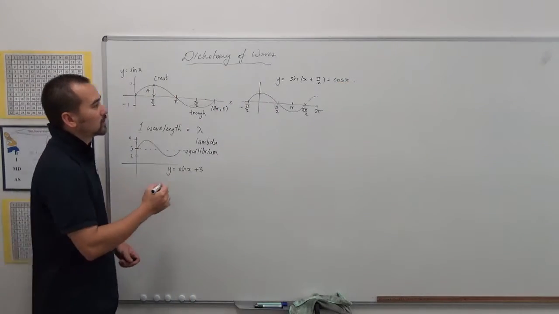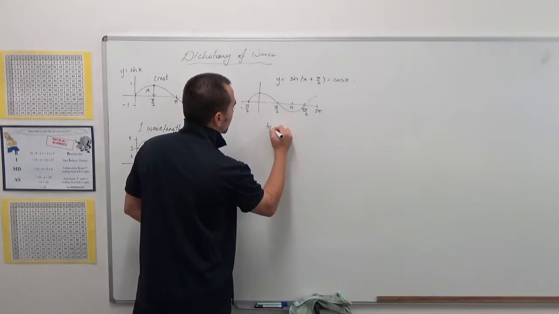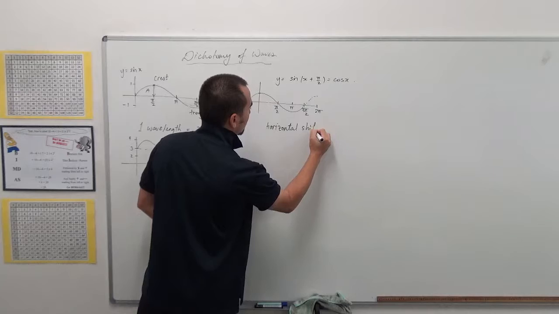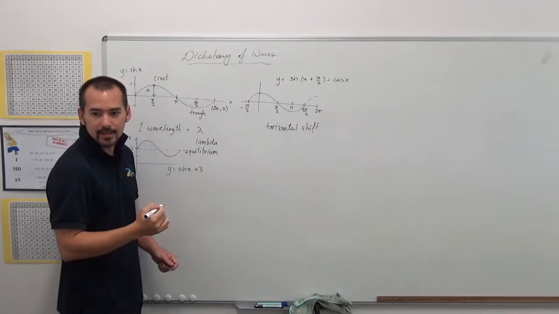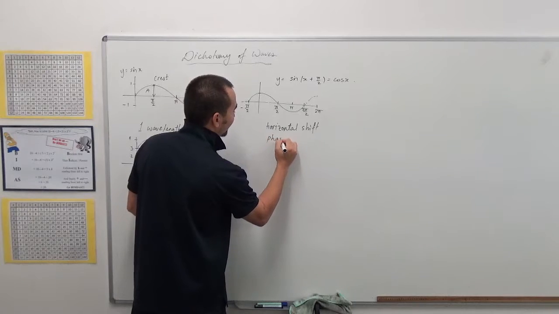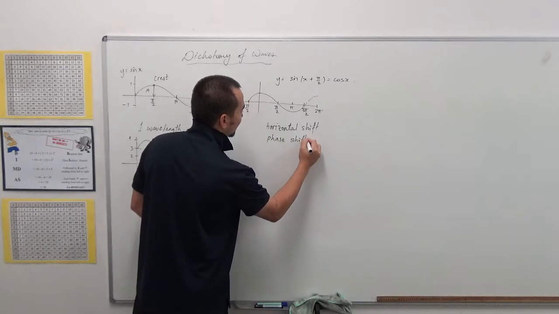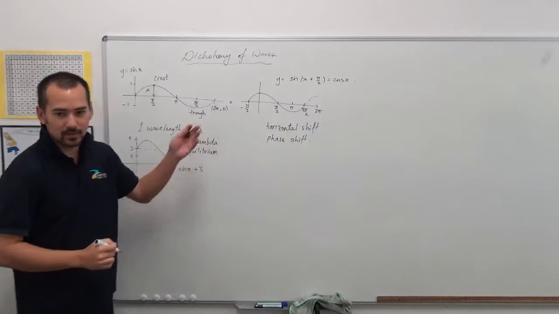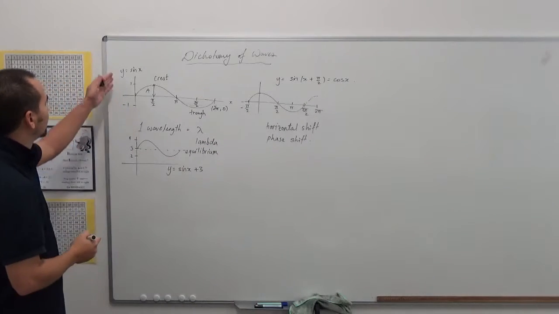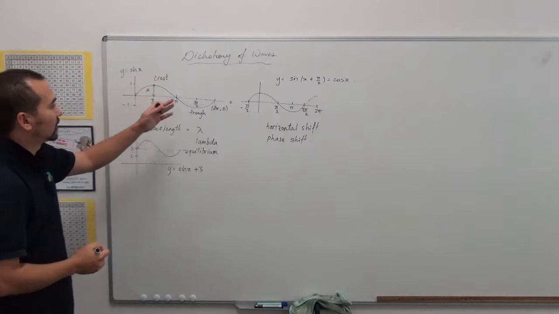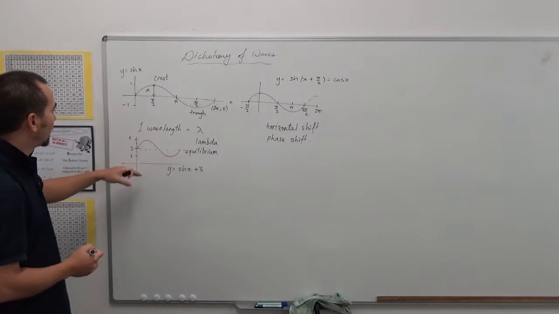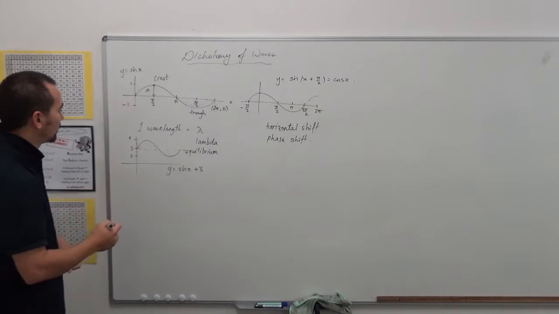So that's a horizontal shift, also known as a phase shift. Different textbooks use that interchangeably. So we've got the wavelength, the horizontal shift or phase shift, the equilibrium, and the vertical shift.